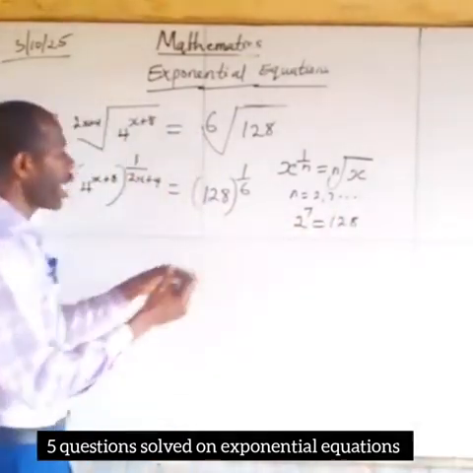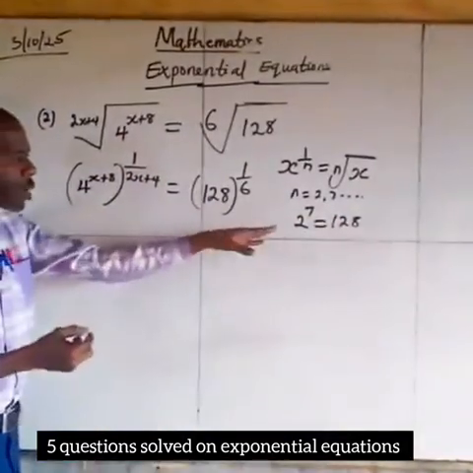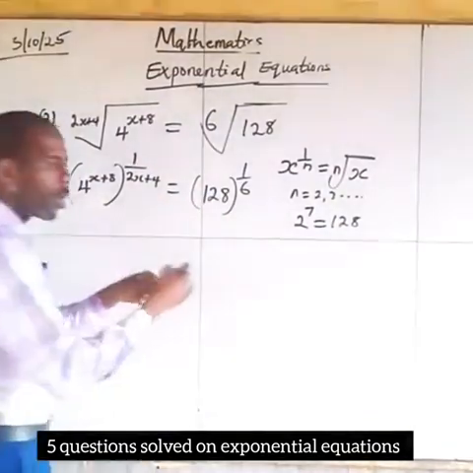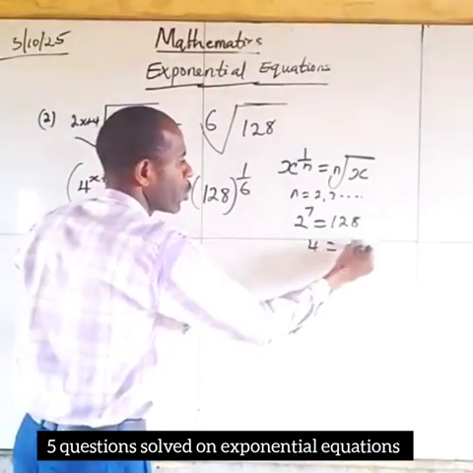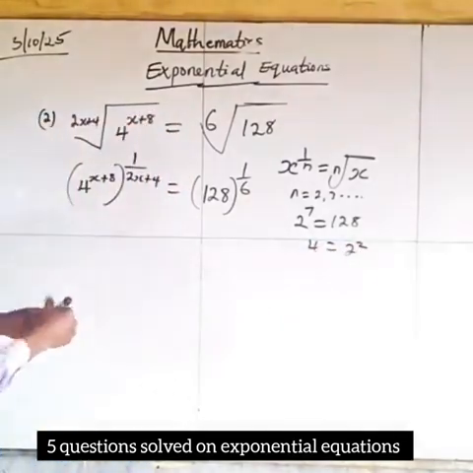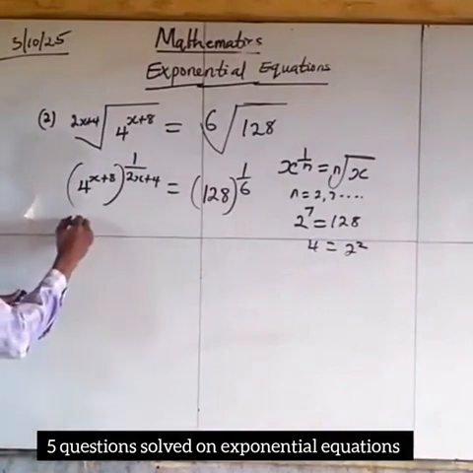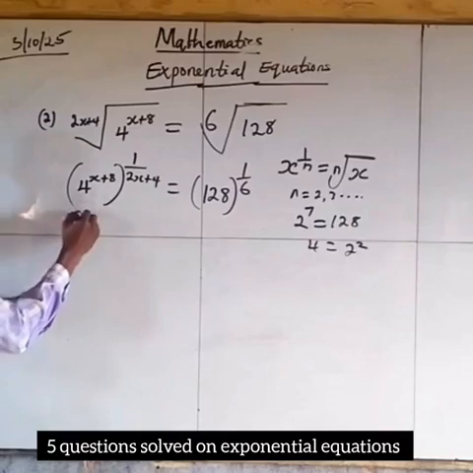Good. I have expressed this one. Then in your 4, we already know that 4 is equal to 2 raised to the power 2. Now let us express this 4 that way, which means we're going to have 2 to the power 2.